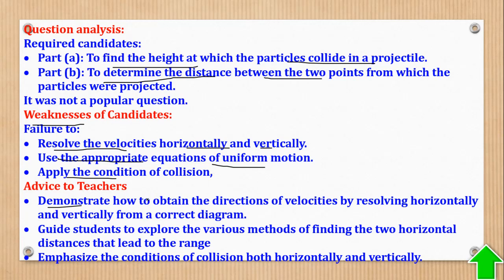So advise that teachers should help students to demonstrate how to obtain the directions of velocities by resolving horizontally and vertically from correct diagram. Then also guide students to explore the various methods of finding the two horizontal distances that lead to the range. And also emphasize the conditions of collision both horizontally and vertically.